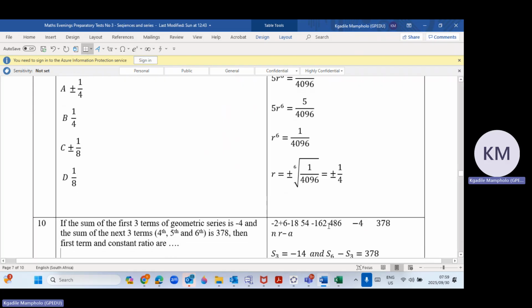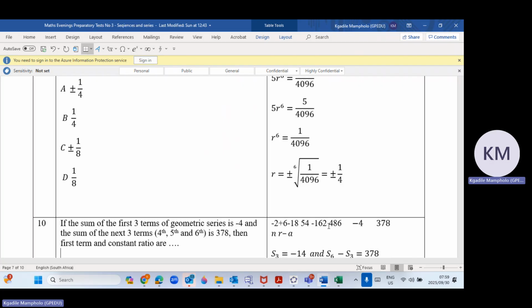But remember, learners, you can only say plus or minus when you calculate r from a term. If it is a sum, you can't say plus or minus for r, because when there are negative values and positive values in the sequence, the answers will never be the same.